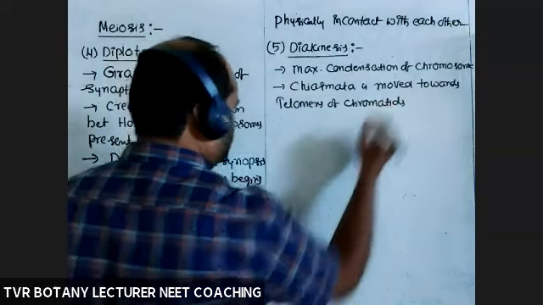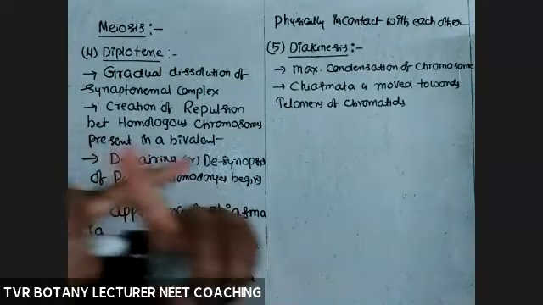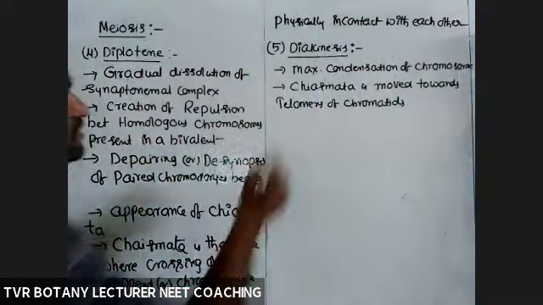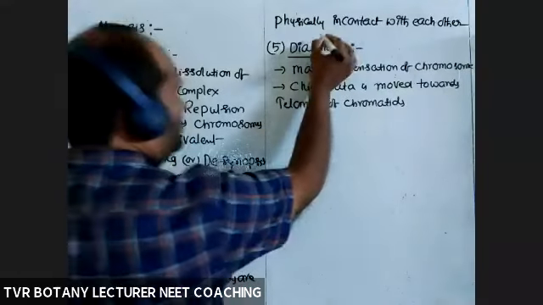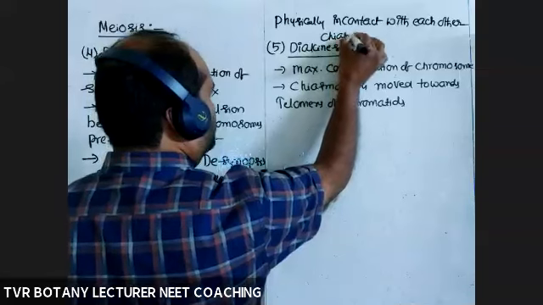I will give you a diagram for this one. Because of maximum condensation, this is an X-shaped structure. That X is chiasmata. You can use this word also.